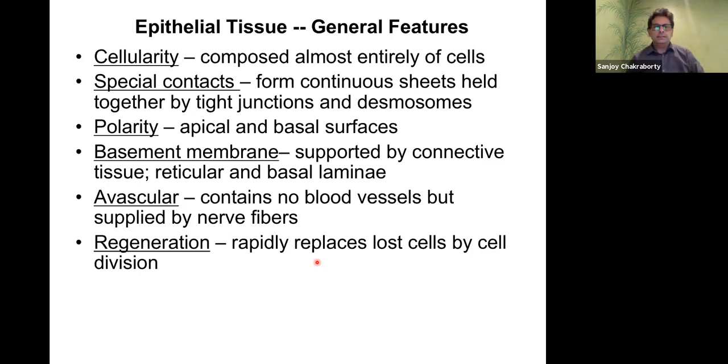So you basically need a sheet of cells to make a cover. How do you make a sheet of cells? You join them side by side. If the cells are attached to their neighbors, they can make a continuous sheet. And that's exactly what they do. So the cell can join to another cell.